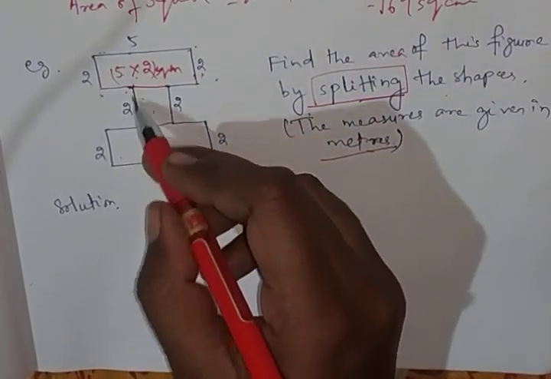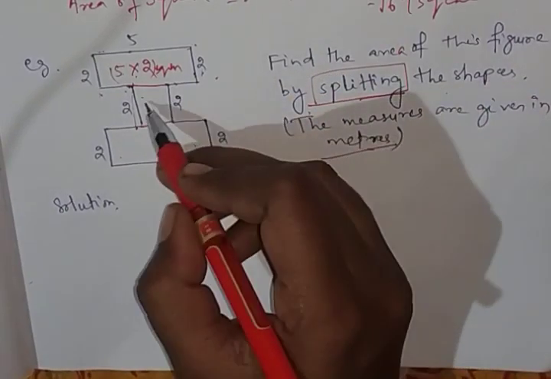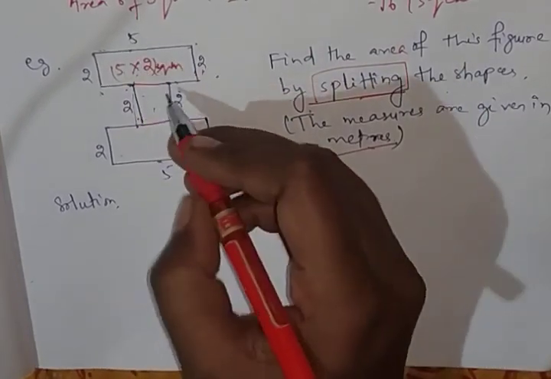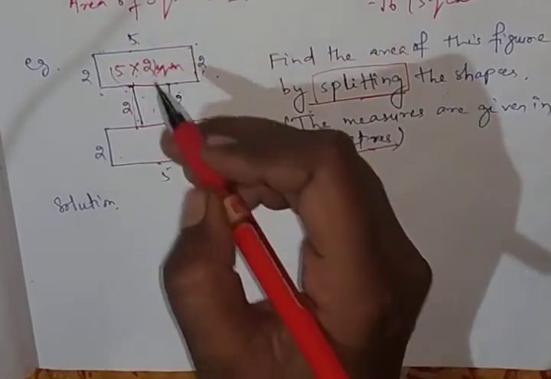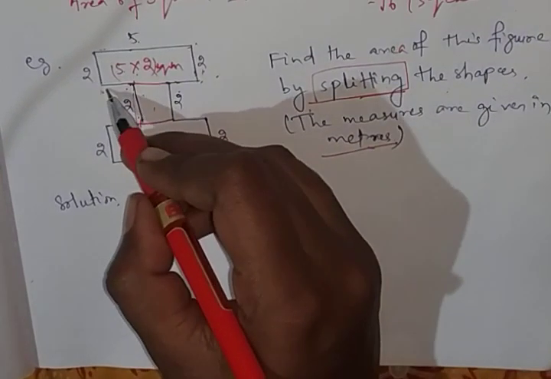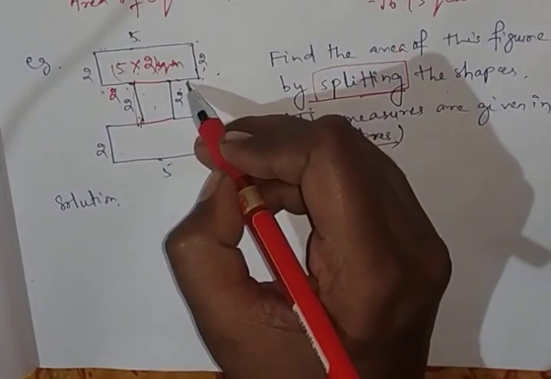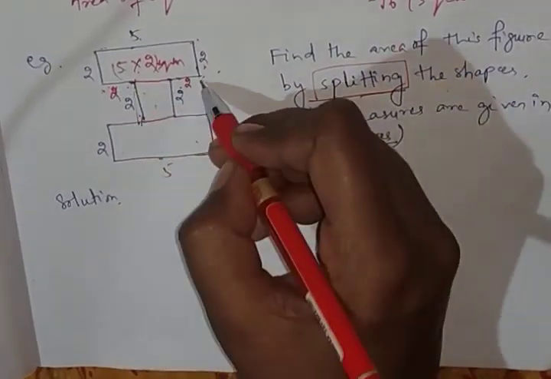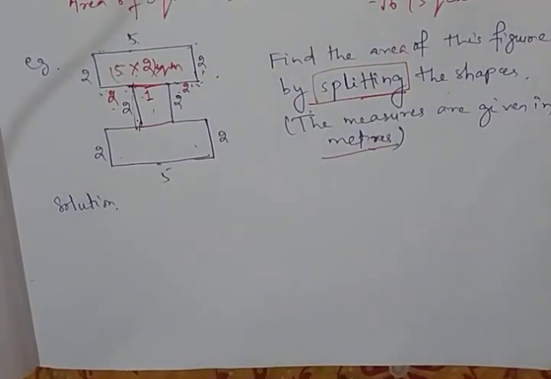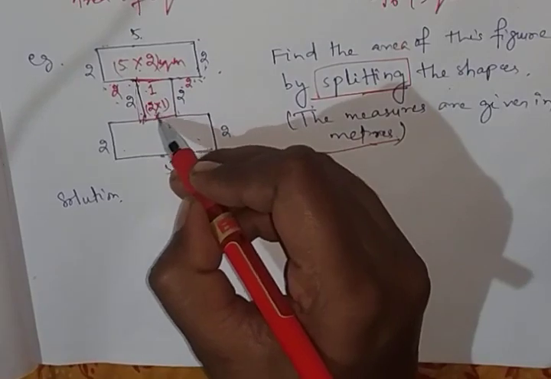Then here this is 2, and this is 5. Here this one is 2 and this one is also 2. So if this is 2 and this is 2, 2 plus 2 is 4, and the rest is what? 1. So area of this figure is 2 into 1 square meter.